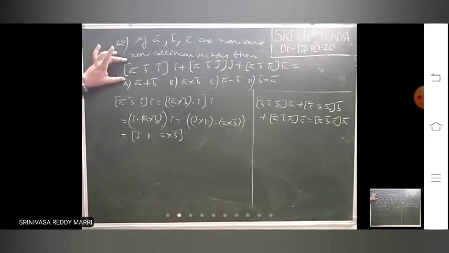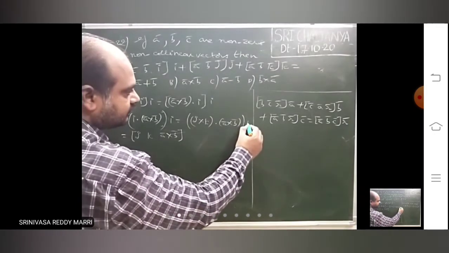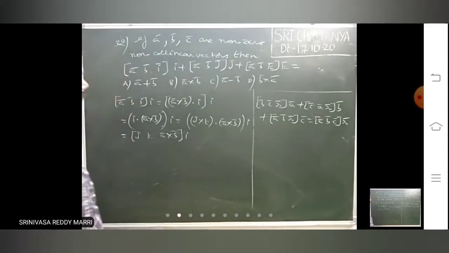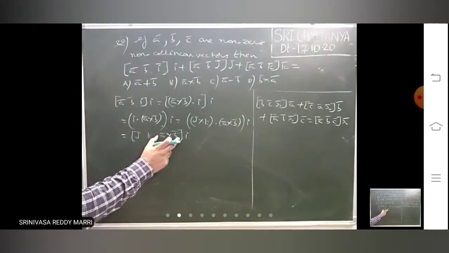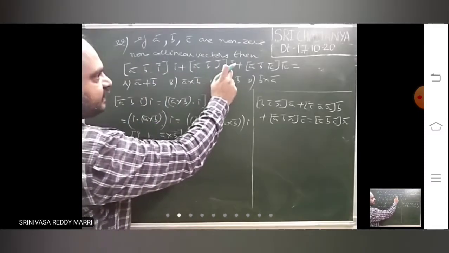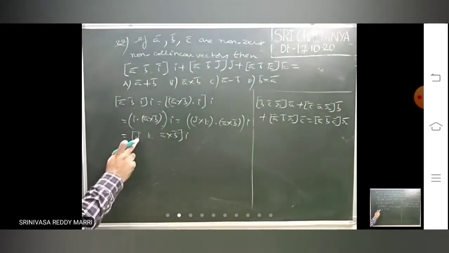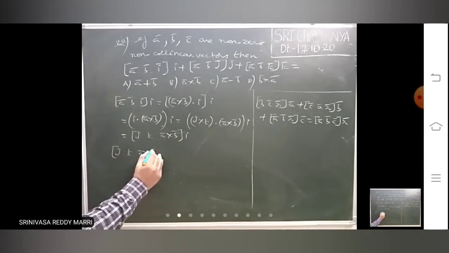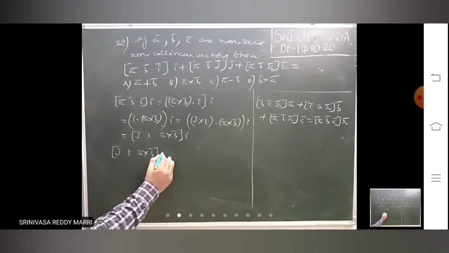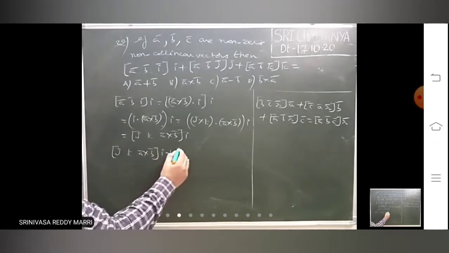So this first one is equivalent to box J, K, A cross B. This is A bar, this is B bar, this is C bar. This is nothing but box of B bar, C bar, R bar. That means this I am writing, rearranging like into I plus.